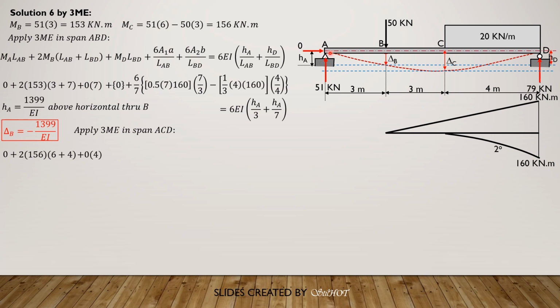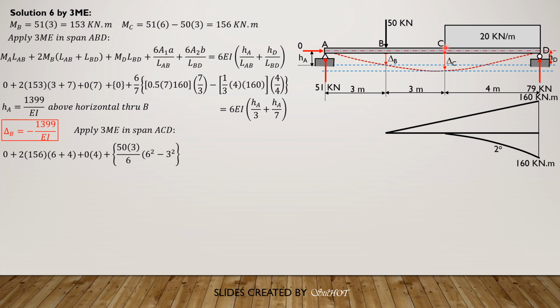In beam AC, there is a load at the center, so the formula for a concentrated load for 6 A1 a1 over L1 is Pa, or 50 times 3 over 6, times (L squared minus a squared), so 6 squared minus 3 squared.